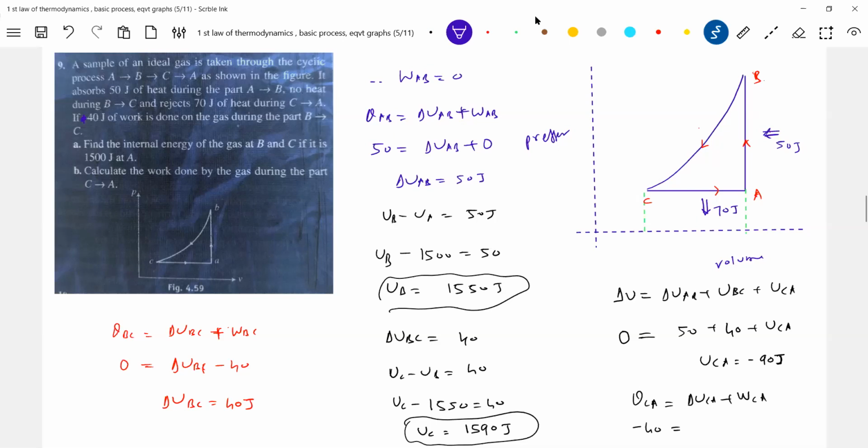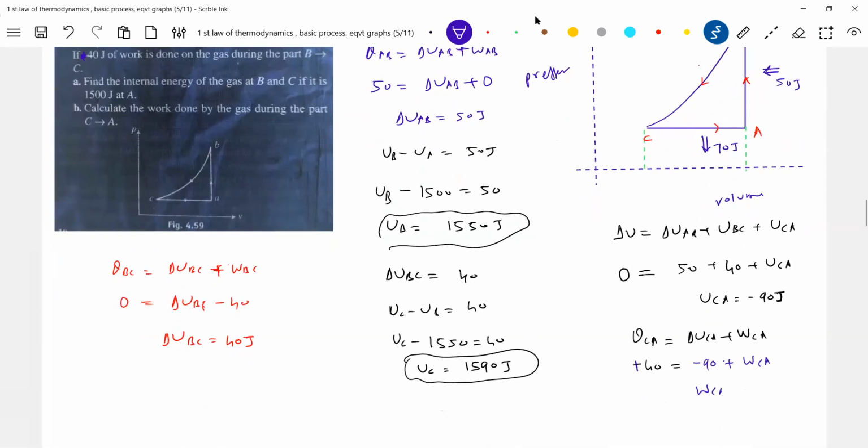Let it be plus 40 because it will be wrong otherwise. Plus 40. Delta UCA, we know it is how much? Minus 90. Then plus WCA. So what is work done? Work done should be equal to 130 joules.